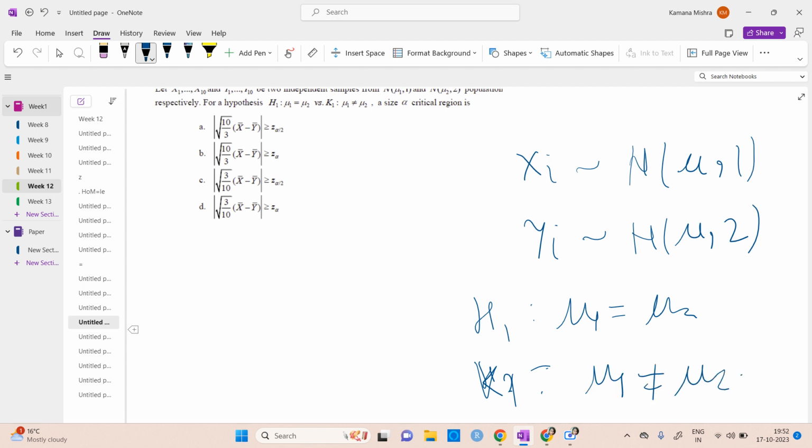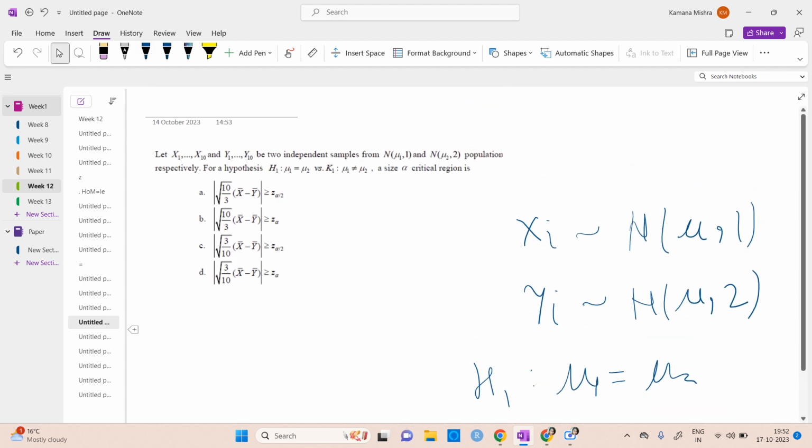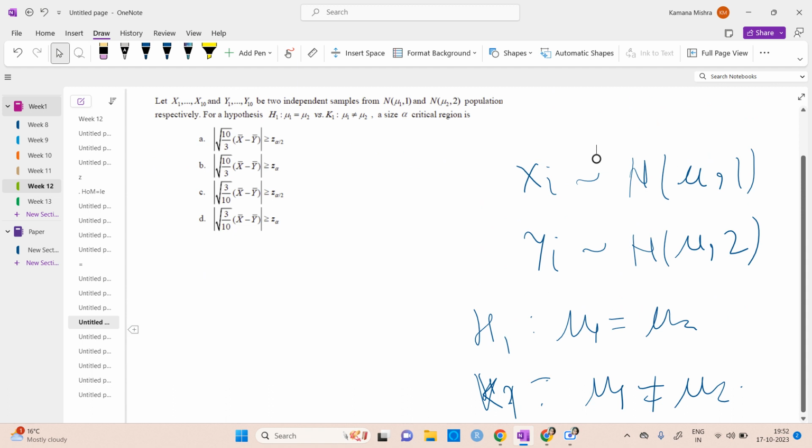You need to find the size alpha critical region. Since it is not equal to, the region would be alpha by 2, because this is a two-tail test. So the answer would be A or C. Now you can calculate the value and tell me whether it would be A or C.